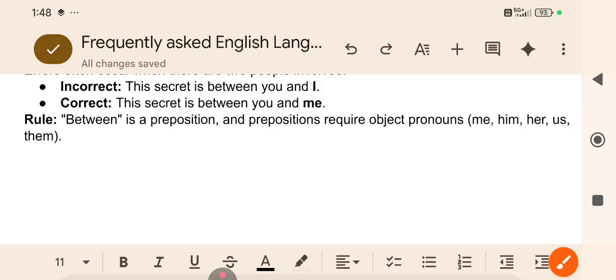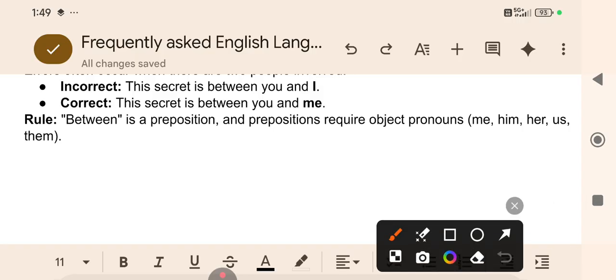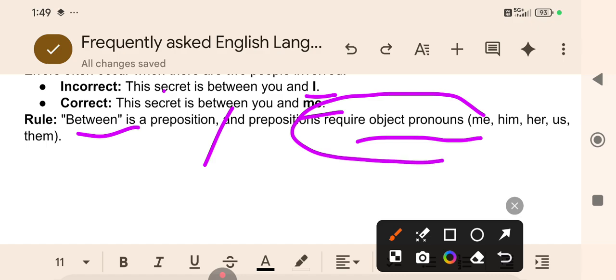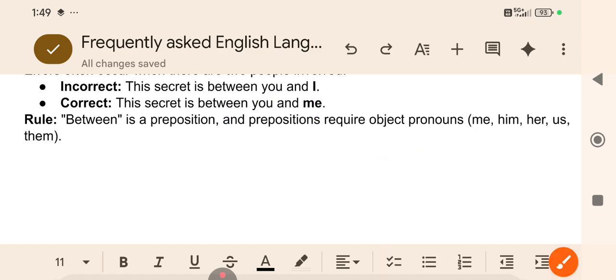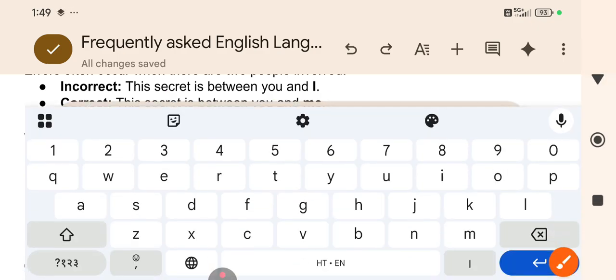"This secret is between you and I." No, this secret is between you and me. Between is a preposition, and prepositions require object pronouns. Please take care.